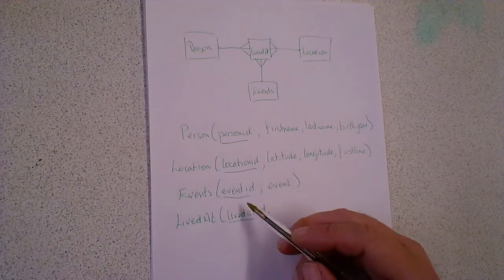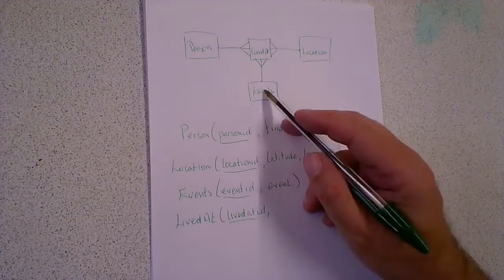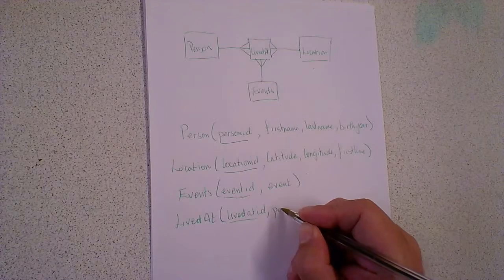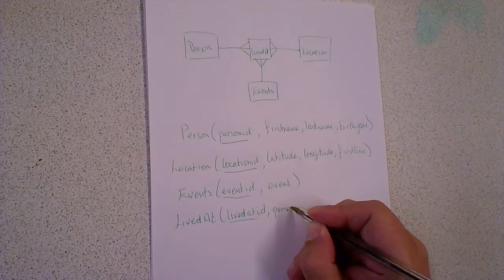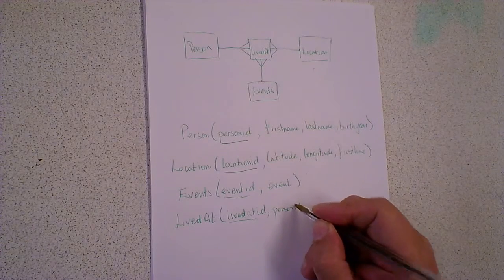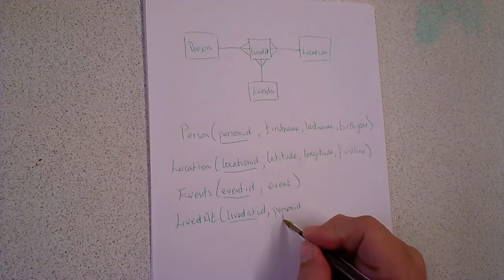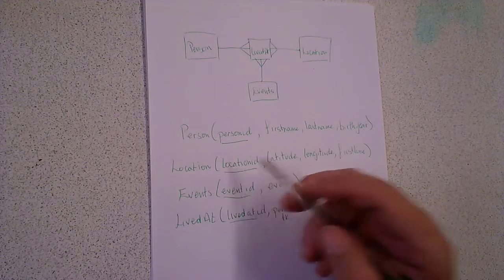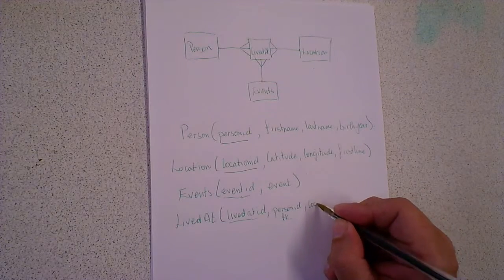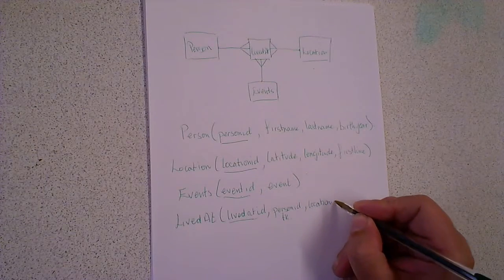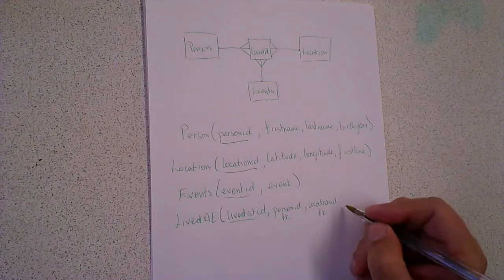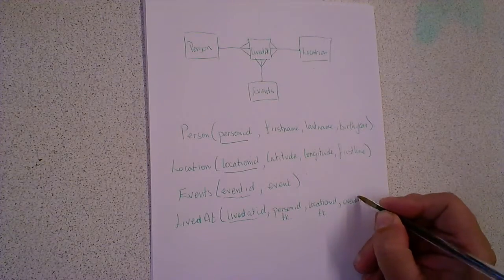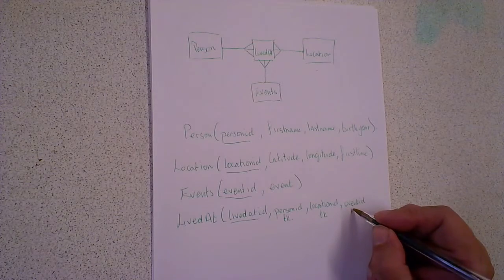But for each of these, because they're linked, I'm going to have to use the primary key in here as a foreign key. So I'm going to call that one person ID. I'm not going to underline it, but I may indicate that it's a foreign key by putting F key next to it. And we have it linked to the location. So location ID as a foreign key, and event ID as a foreign key.